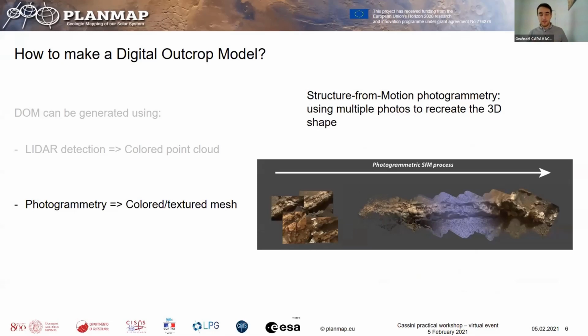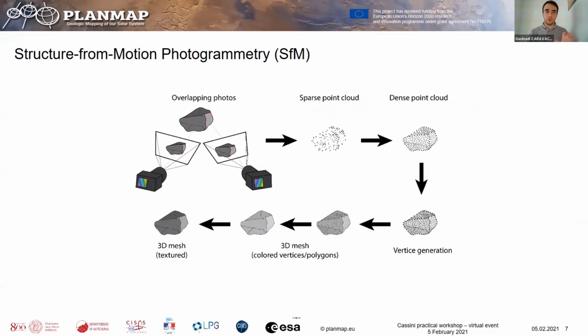So you have seen several examples just before in Barbara and Ricardo's presentation, but here I will go a little more into the detail of how structure from motion photogrammetry works and how it can be used to recreate rocks or geological feature models. So first of all, you take a very large number of overlapping photos.